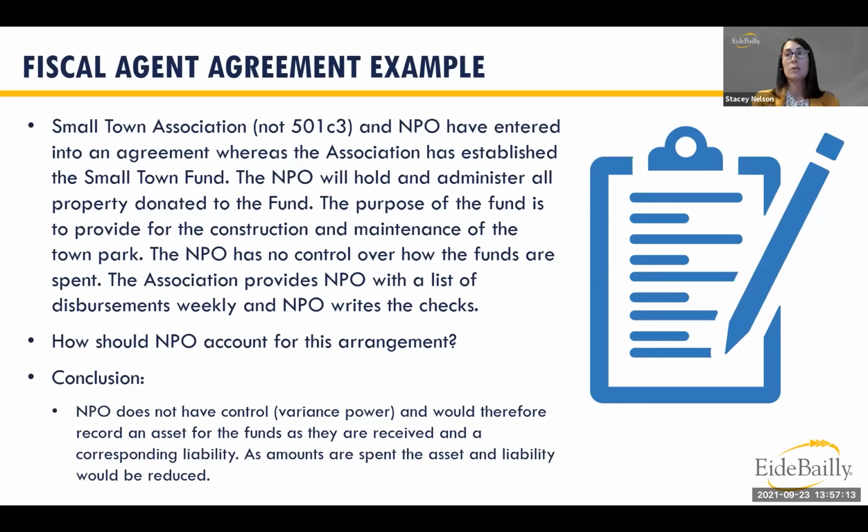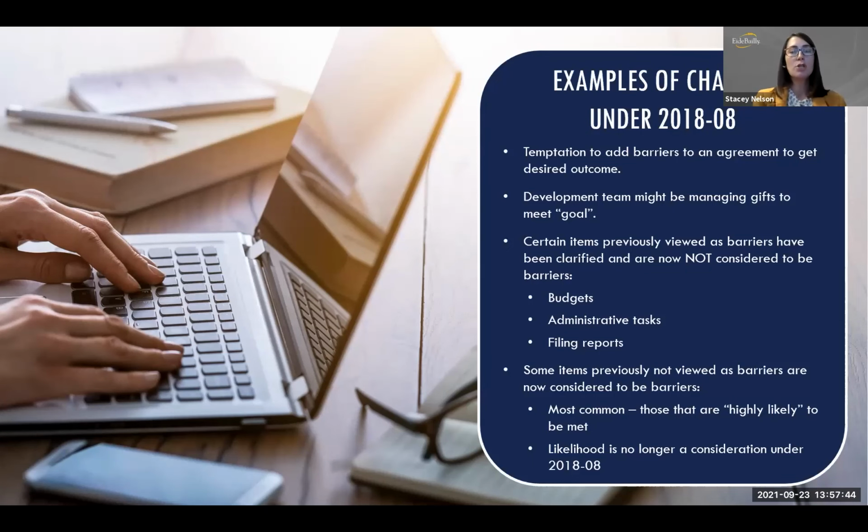So what if we switch the facts a little bit and say that the nonprofit does have discretion in how those amounts are being spent? In that case, they would recognize revenue for those funds as they're received and corresponding expenses as those amounts are paid.